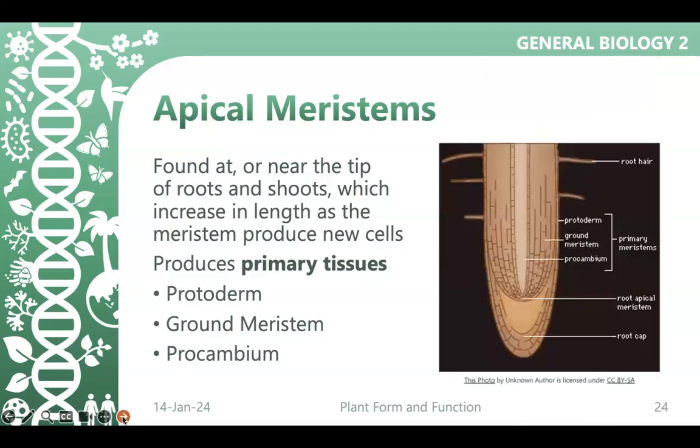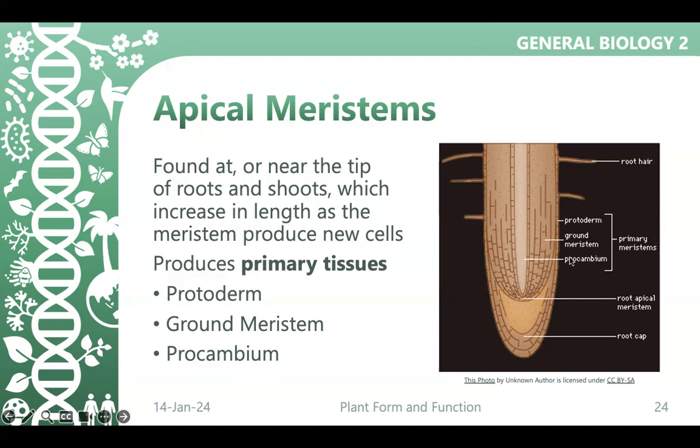Okay? How about the root apical meristem? So this one is located below the soil, of course, since this is the root. Okay? So the root will still give rise to your protoderm, ground meristem, and procambium. Your protoderm ay yung gilid. The ground meristem is found inside and the procambium is in the middle.